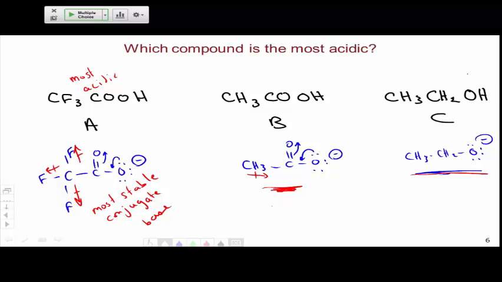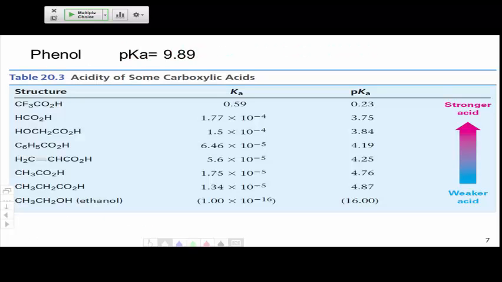Okay, just to prove it to you, here is the table for the pKa. So if I'm comparing ethanol, the pKa of ethanol, which we just saw in that example, has a pKa of 16, while trifluoroethanoic acid, which is A in the slide before, has a pKa of 0.23.